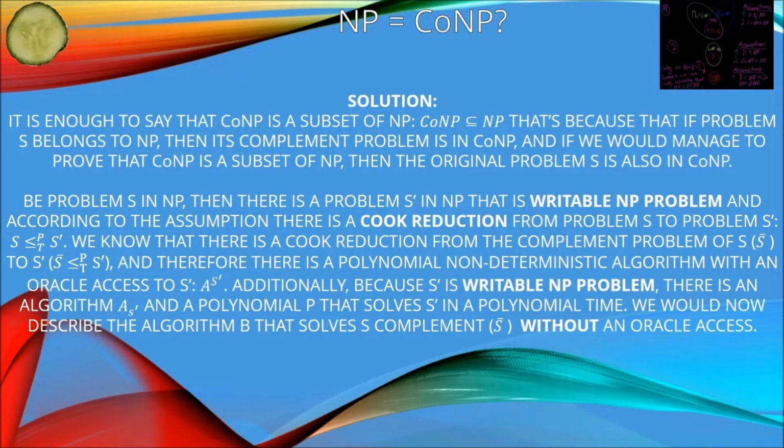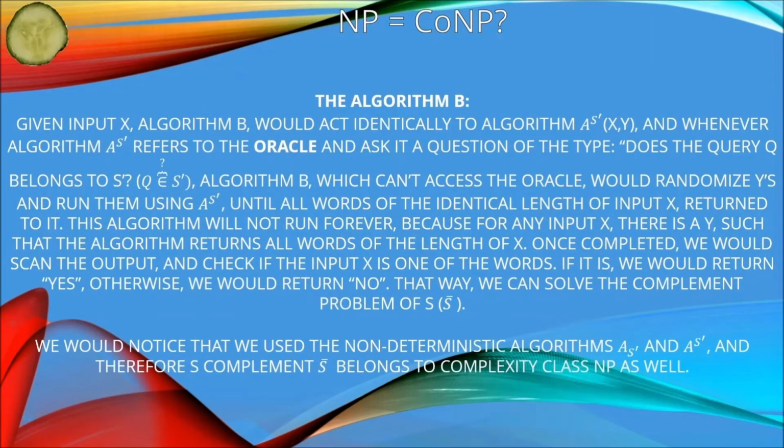Additionally, because S prime is a writable NP problem, there is an algorithm A_S' and a polynomial P that solves S prime in polynomial time. We will now describe the algorithm B that solves S complement without oracle access. The algorithm B. Given input X, algorithm B acts identically to algorithm A_S'(X,Y).